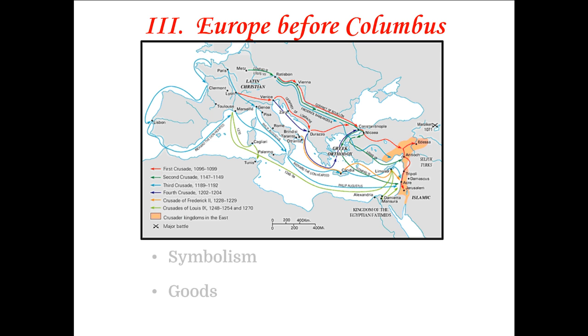So, Eastern goods, if we look at this map, Eastern goods traveled mainly across land, and that's a map that shows the Crusades, but remember that what we see here is goods as well. So here are the Crusade routes, but this is the Middle East, and things that were traded with Western Europe would have to go across land.